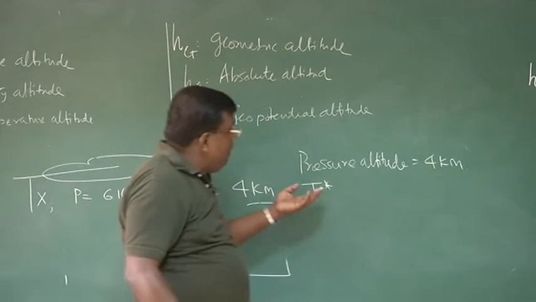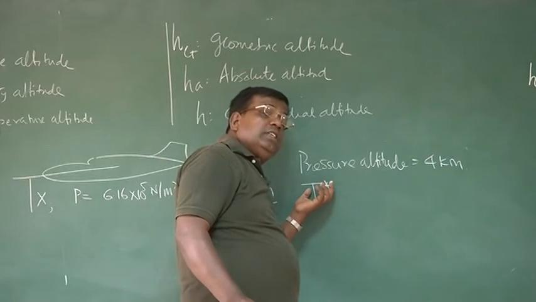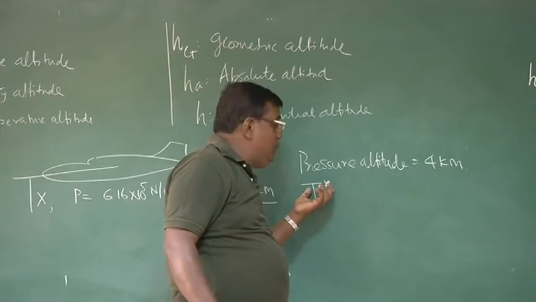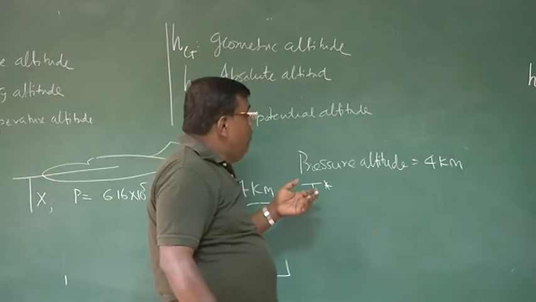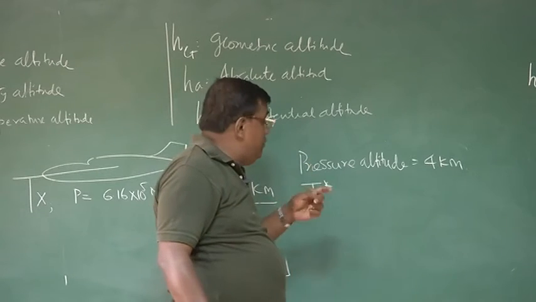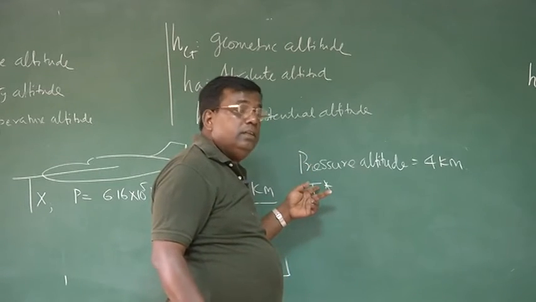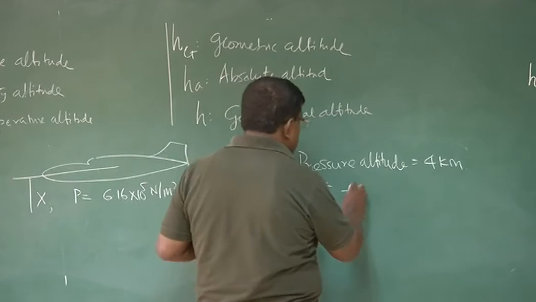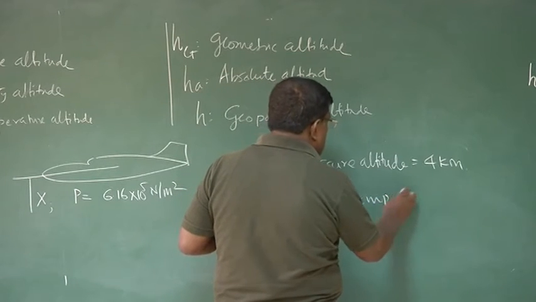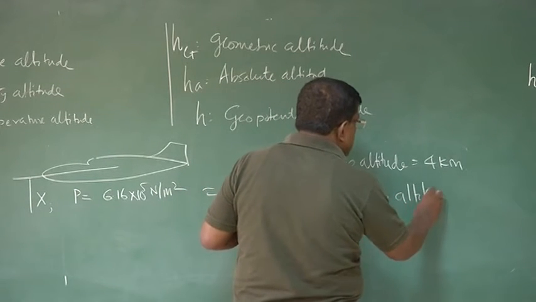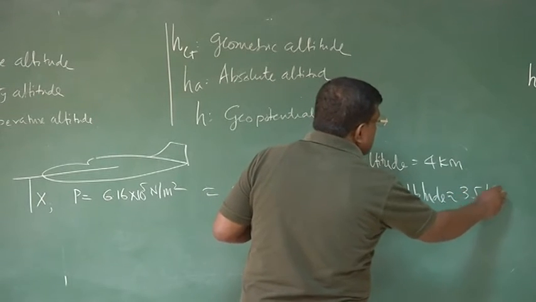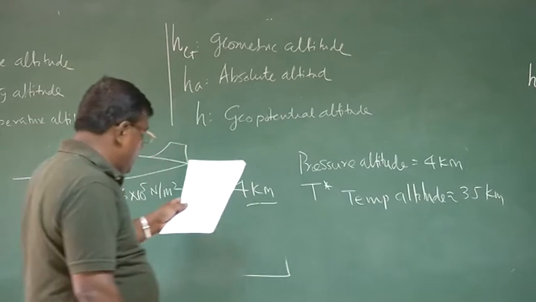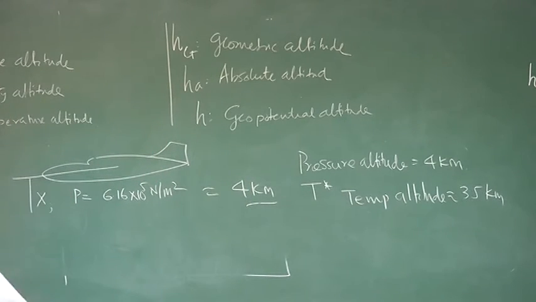Once you have noted down this T star, the temperature measured by the instrument at that altitude, come back to the standard atmosphere table and see what is the corresponding altitude at which the temperature is T star, right? So that becomes temperature altitude. Roughly for this case, it may become 3.5 kilometers or any other number, right?